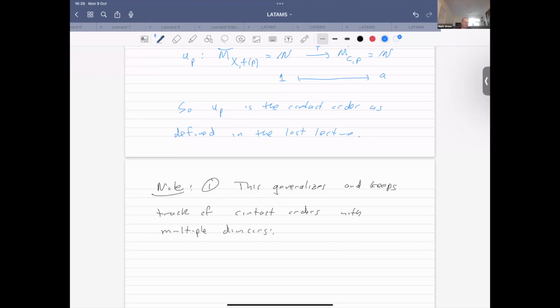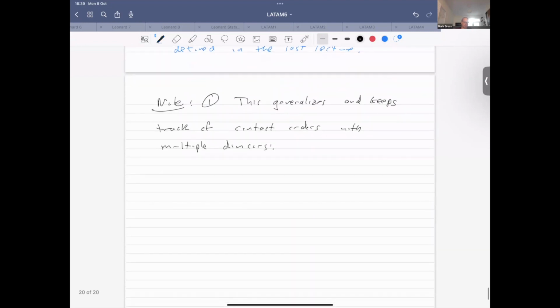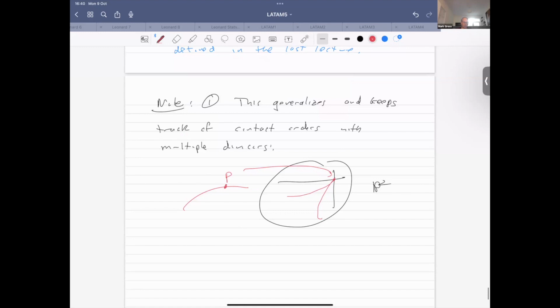So, for example, suppose my target space was A2, or maybe P2, because I want something proper projective. And my curve did something like this. I had, again, one marked point here, P, mapping to this point here. But now you have two divisors.